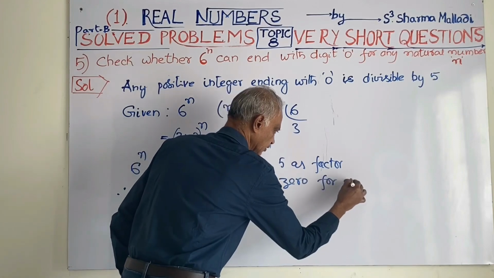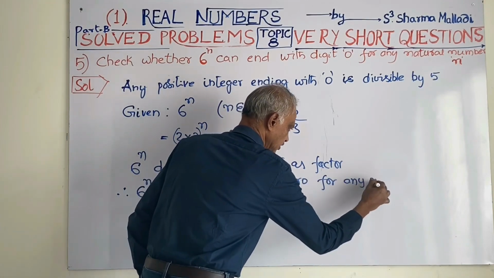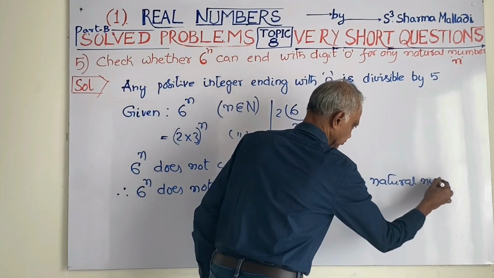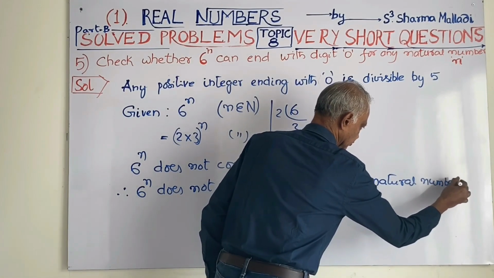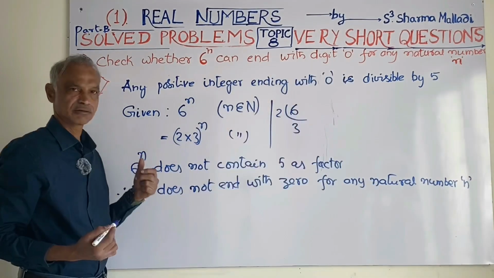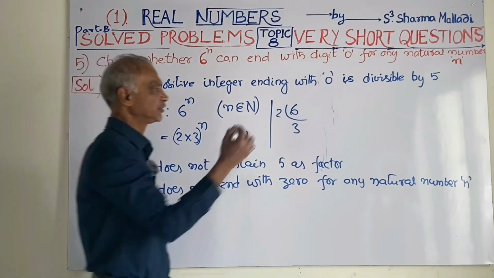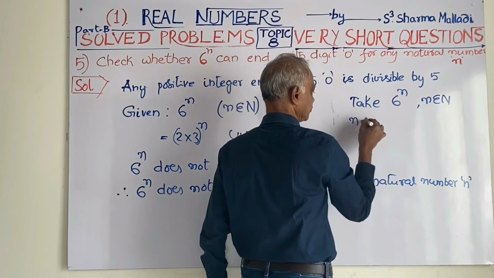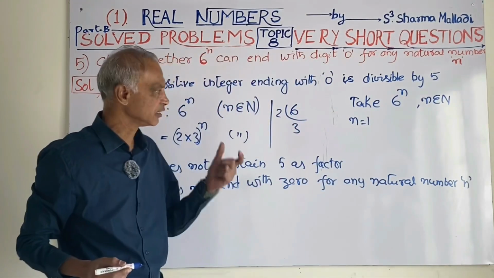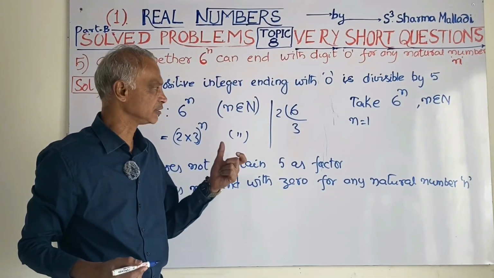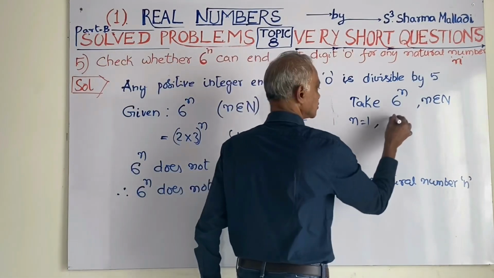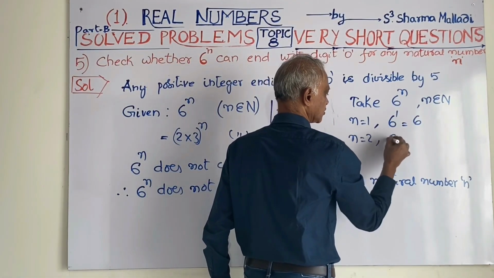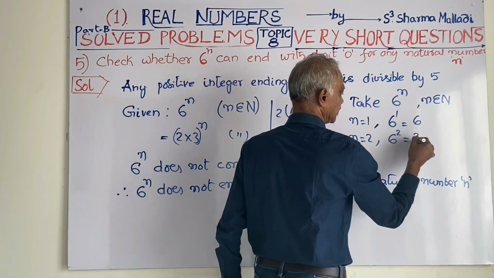For any natural number n. I will show with an example. You take 6 to the power of n. n is equal to 1, you take. 6 to the power of 1 is 6. n is equal to 2, 6 to the power of 2, that is 36.